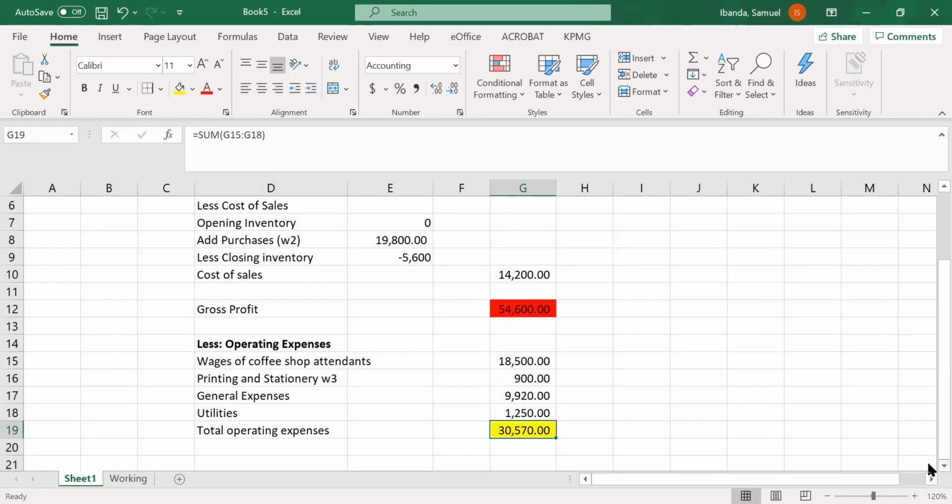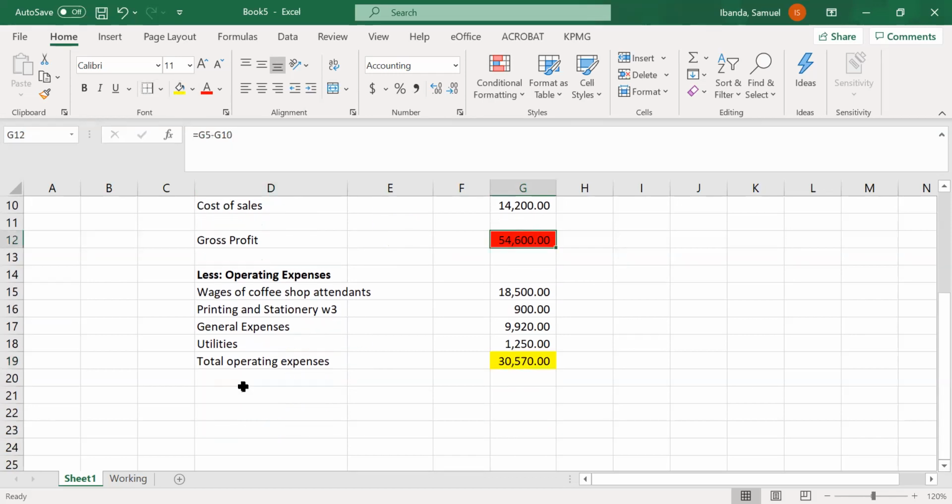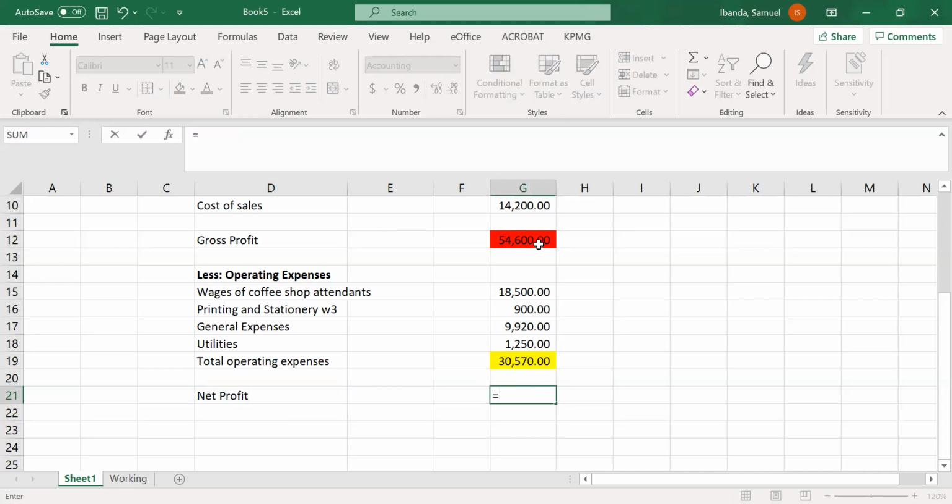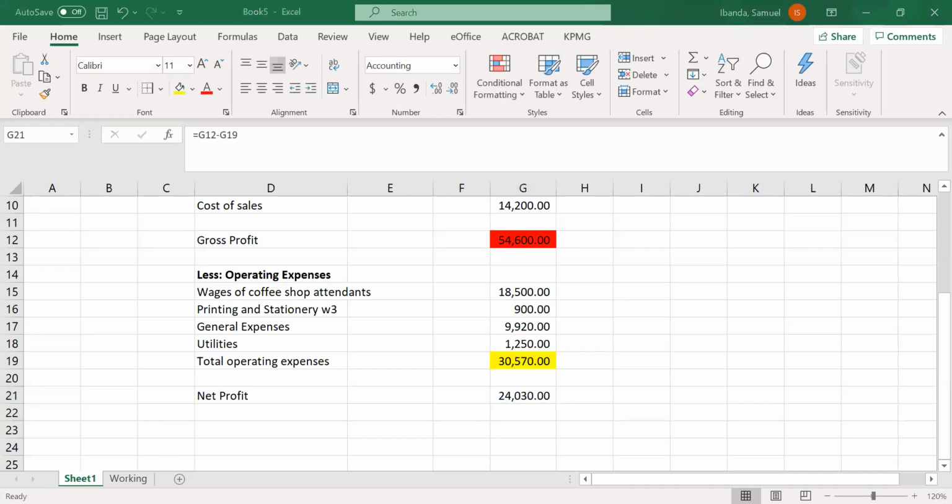So this 3,050 has to be subtracted from the gross profit to determine our net profit. So our net profit is this minus this, which gives us 20,4030. So this is our profit. So this is the net profit from the coffee shop.